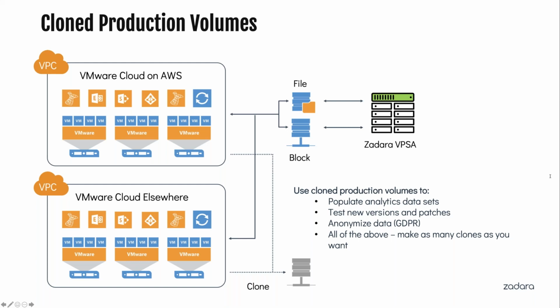Another use case is if you need to back out a change. Let's say you find that there's some kind of issue on your file system, that maybe ransomware got introduced somehow. What you can do is back up to that earlier version before the ransomware was introduced.